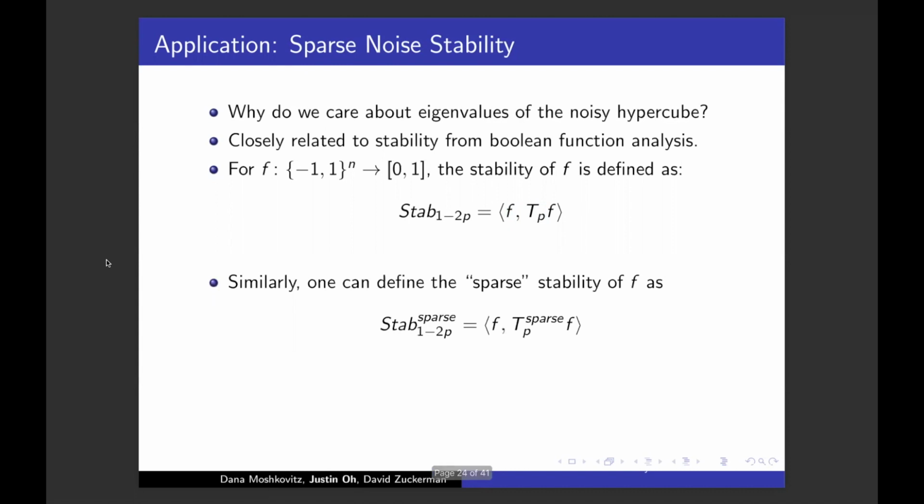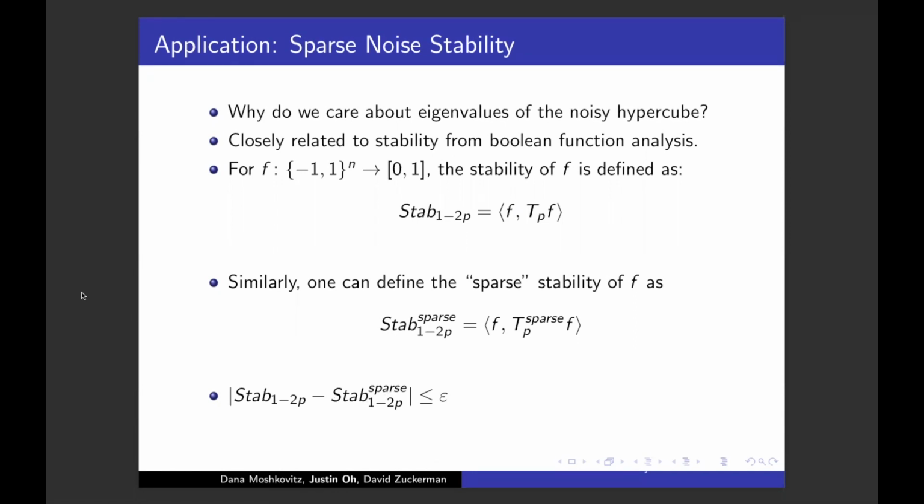And you can similarly define the sparse stability of f as the inner product of f with the transition matrix of t sub p sparse multiplied by f. And you can show that in this case, it's actually true that the stability is epsilon close to the sparse stability for every f.